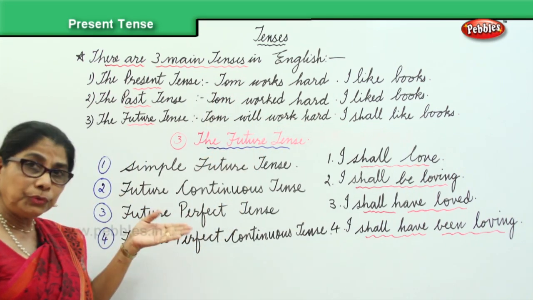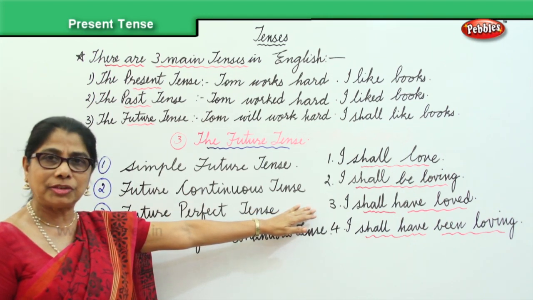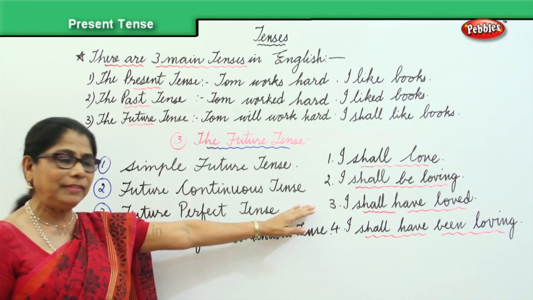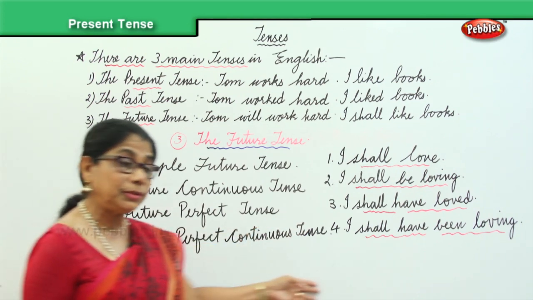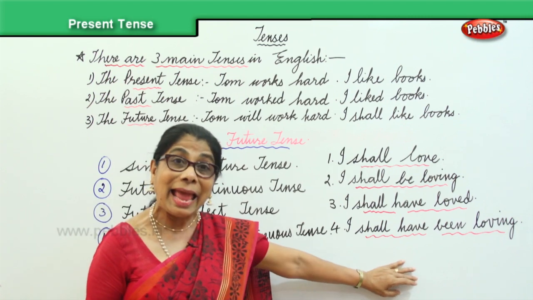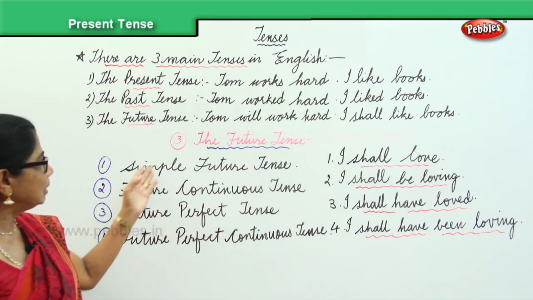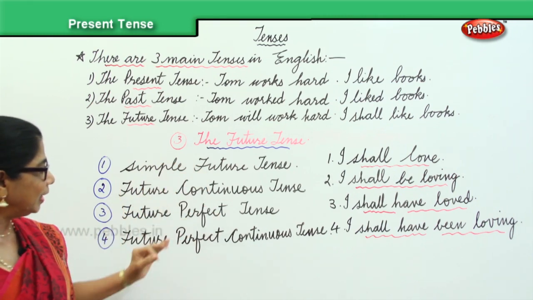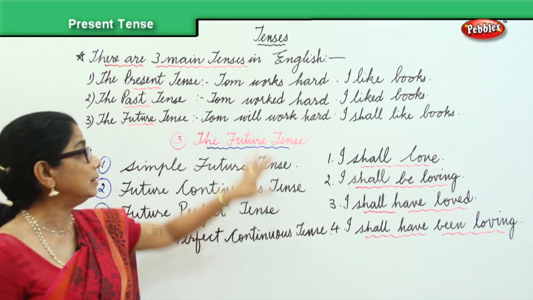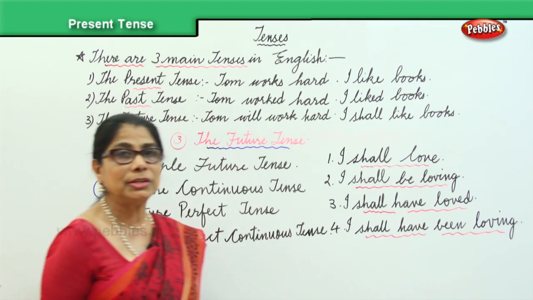Then you have future perfect tense, shall have loved. And finally, we have the last type, future perfect continuous tense, that is, shall have been loving. So the 4 forms are simple future, future continuous, future perfect, future perfect continuous tense. Those are the 4 forms under the future tense.